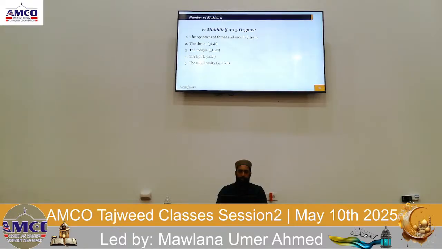For example, the first one is al-jawf. Jawf means the open space between when your mouth is open and the throat. The second is the throat letters. Ayn, ha, right? You feel it in your throat.